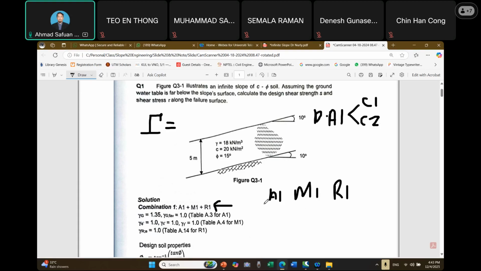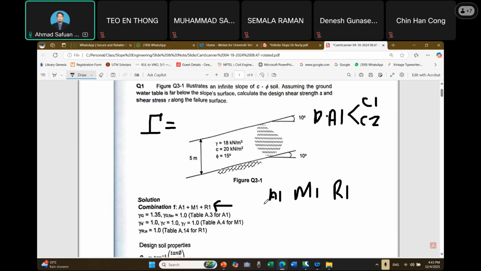In the previous British standard, there was dead load and live load. Under EC7, it is similar: they call it permanent, which is dead load, and variable, which is live load. That is for the actions.